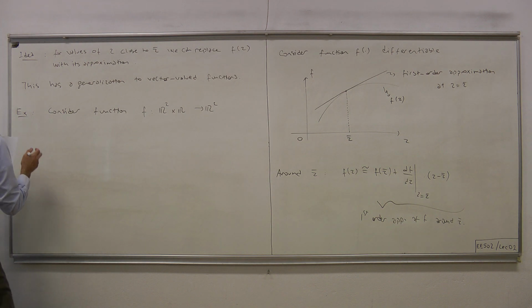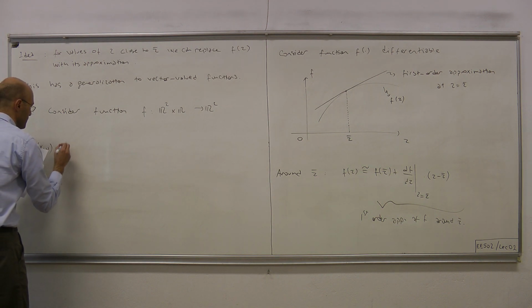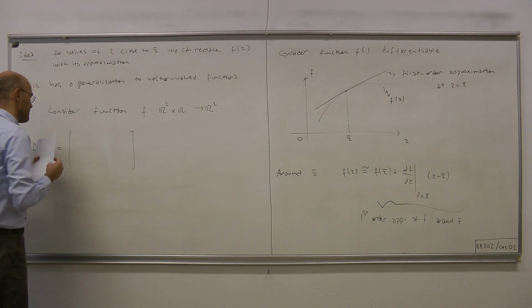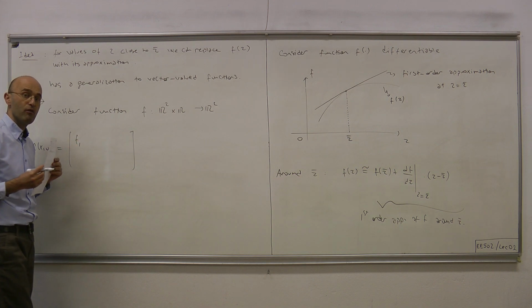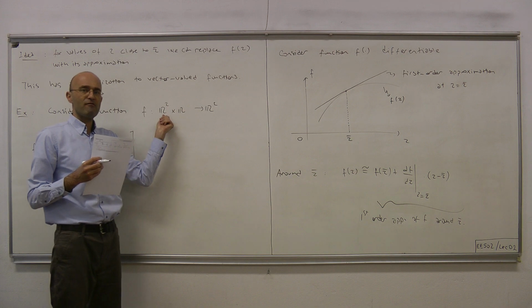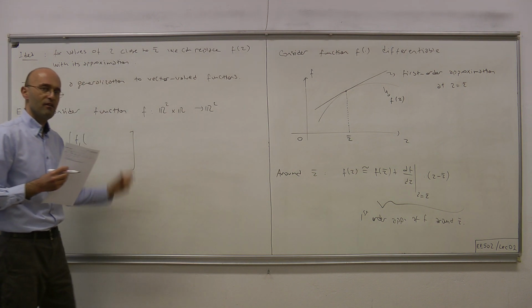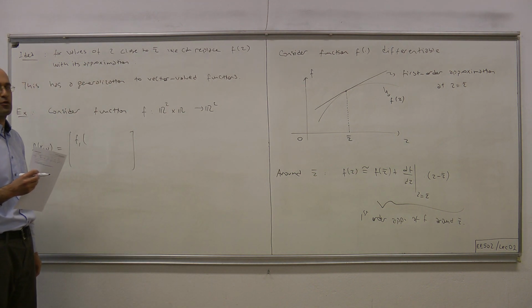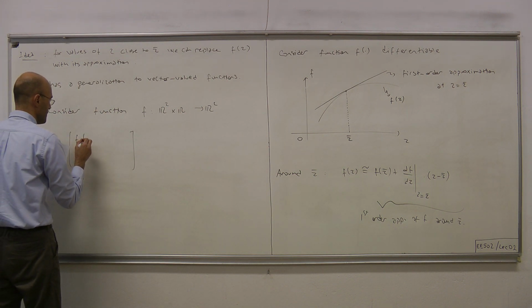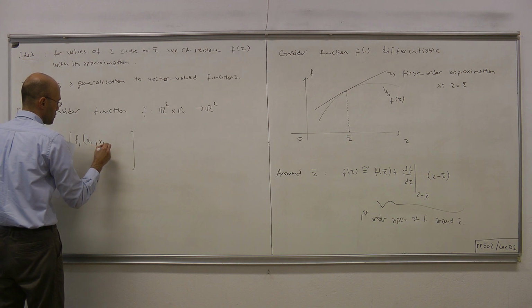Okay. Now this f, therefore, will look like this. It will be a vector. The first entry of that vector will be a function. Let's call it f1, and that will be a function of x and u. Now x is our vector in R2, therefore it will have two entries, x1 and x2. So let's write those entries explicitly. So what we're talking about is x1, x2, and u.